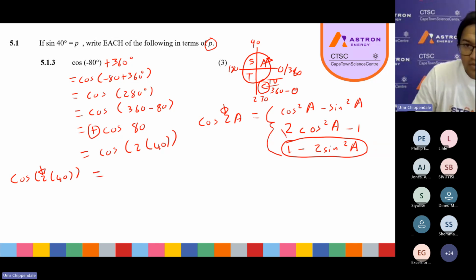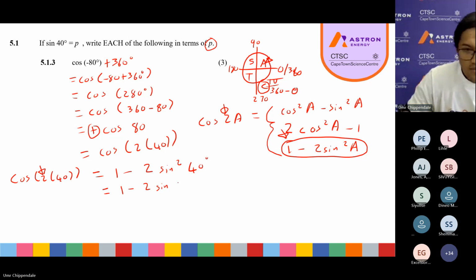Now we're going to plug it into this formula. So we're going to say 1 minus 2 sine squared. And what was the angle? 40 degrees. And then we are going to sort that out. Sine squared 40 is the same as sine 40 squared, right? So we have it like that.